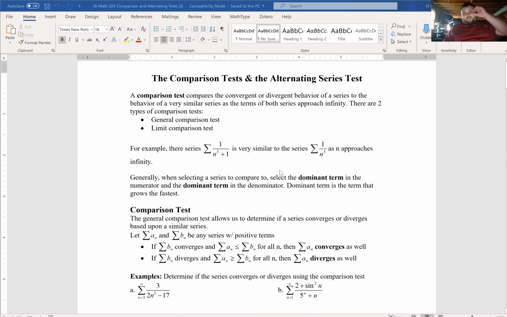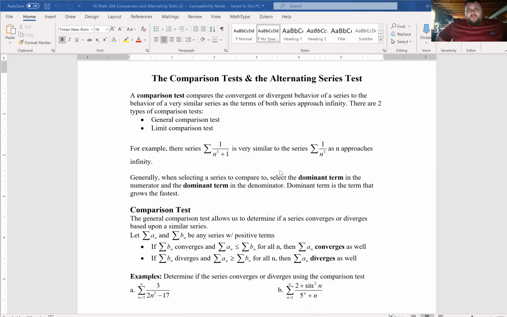All right, so this stuff, I think maybe a little more straightforward if that last section was kind of confusing to you. We have two comparison tests we want to look at. We want to look at the general comparison test, which I am not particularly a fan of. I think it's a little too arbitrary to use often.